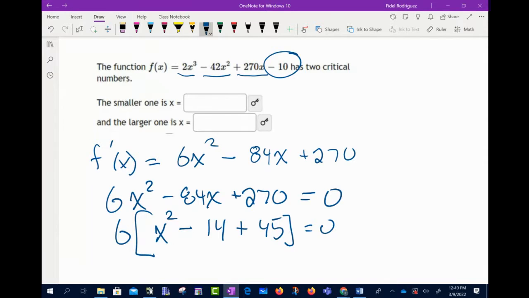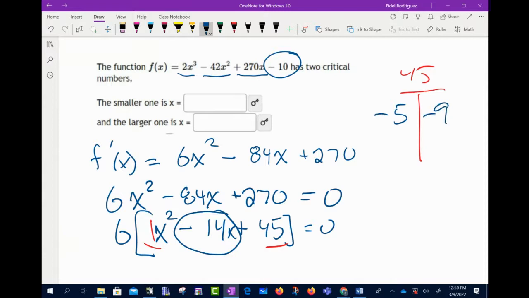Thank you, John. Now, the next step, we're going to do some factoring. Remember, the number in front of my x squared is a 1. So 1 times 45 is 45. Does anybody know any two numbers that multiply? Oops, I forgot an x right here. Anybody know two numbers that multiply to 45 but add up to -14?